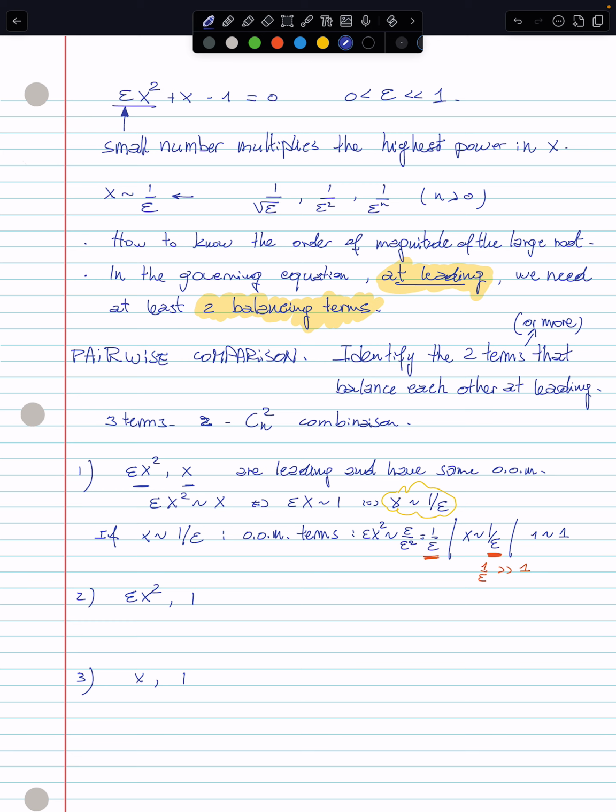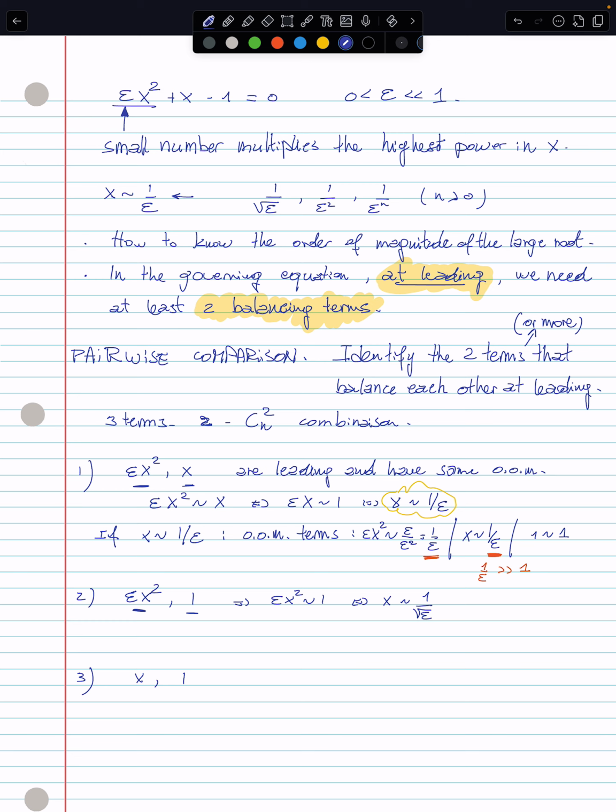Okay, second, let's assume that epsilon x squared and 1 can balance each other. In that case, that would mean epsilon x squared is of order 1, or x is of order 1 over square root epsilon, which is also a large root, and why not? That could be the root we are interested in.